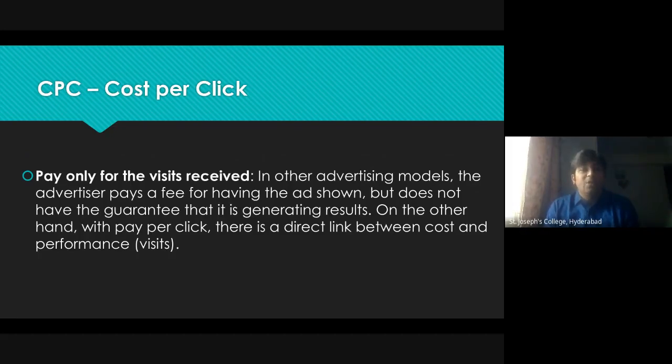Here we are paying only for the visits that we are receiving, but in other models like CPM, we pay for the impressions. While working on the CPM model, a user may be concentrating only on the content of the page and not on the ads, because he immediately realizes this is an ad.